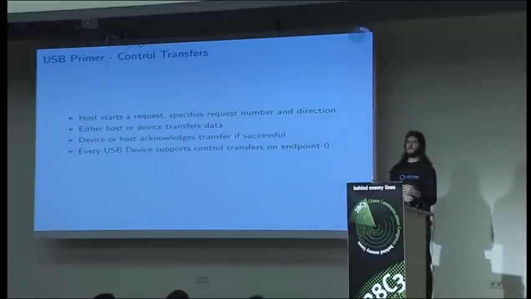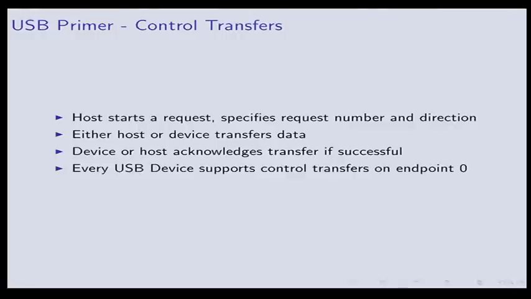Control transfers are the baseline for how USB devices talk to and from the host. It's how you get the name of the device, its configuration, vendor ID, and product ID. All these things come from control transfers, and they're usually used for basic signaling information.